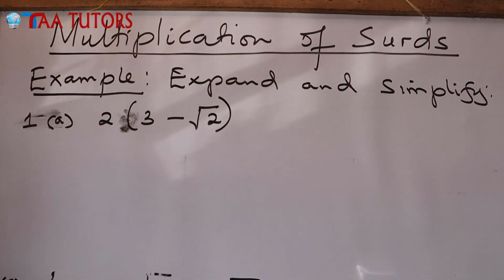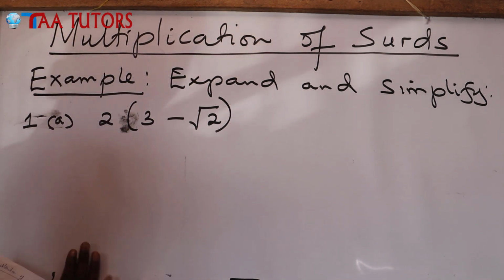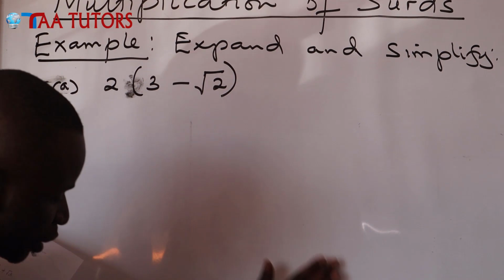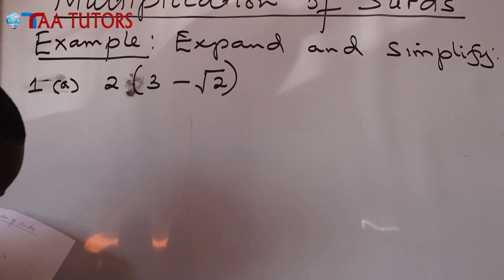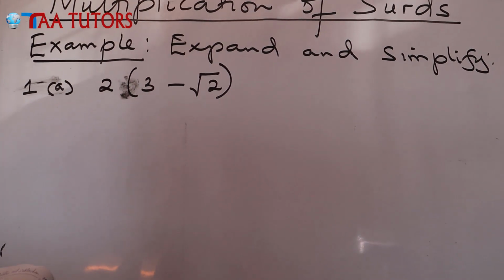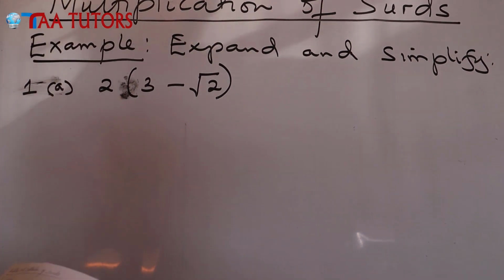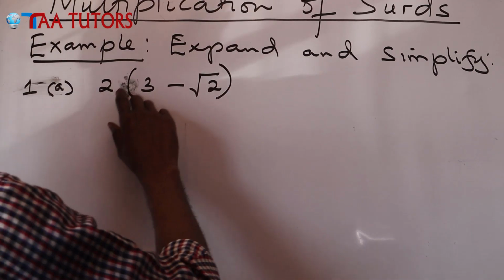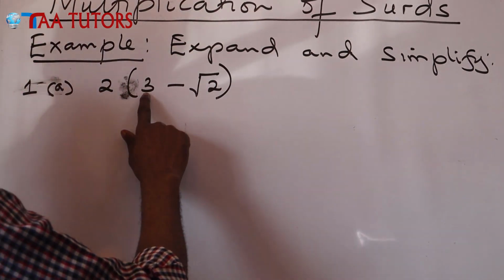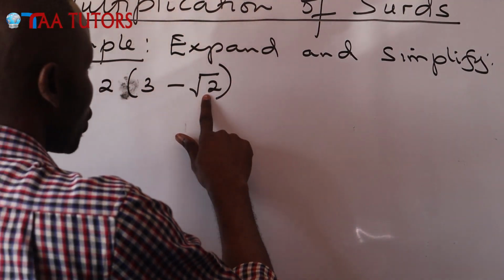So viewers, if I have this problem to deal with, where we are told to expand and simplify, you realize that you are told to simplify after expanding. So it means that my expansion, meaning multiplication, has to come in, because we know if you have a number 2 here multiplying in bracket, then the number 2 must multiply 3 and must also multiply surd 2 here.